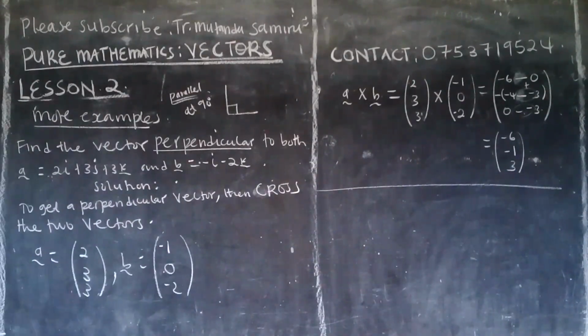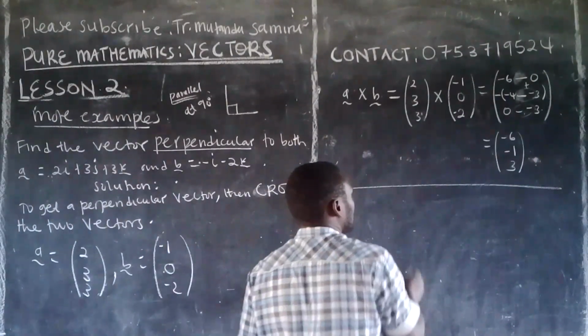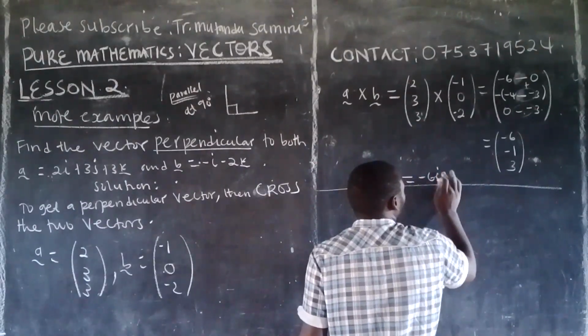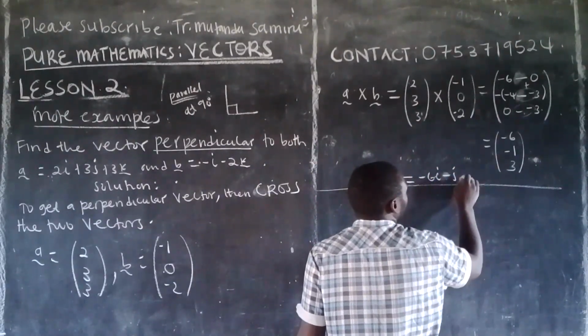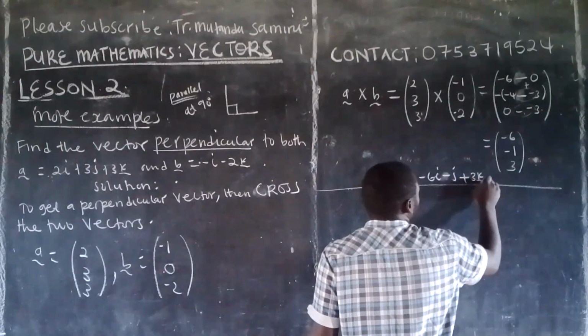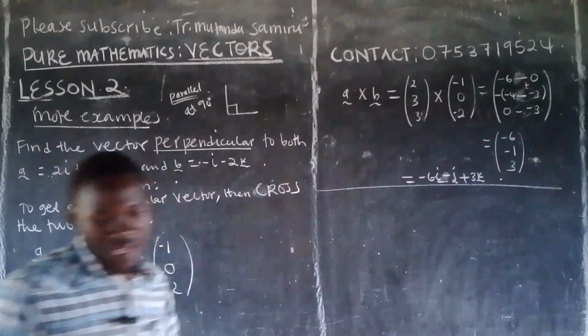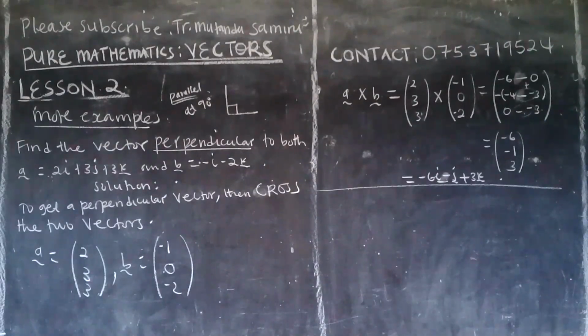As simple as that. If you want to write it in the ijk format, it will be -6 in the i, -1 in the j, plus 3 in the k. If you want it in that format, you put those wavy lines. As simple as that.